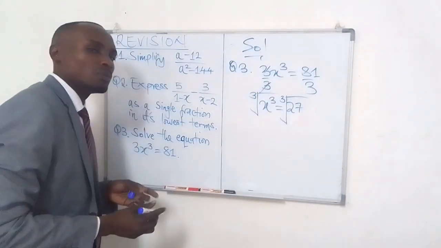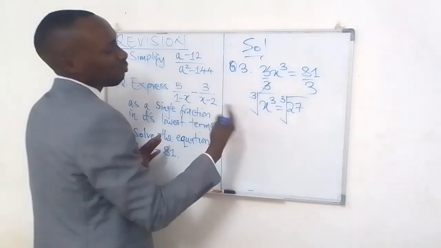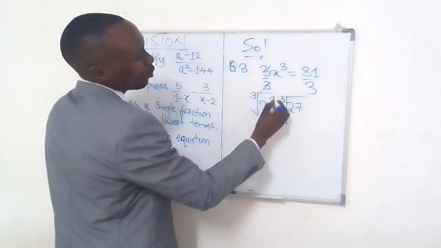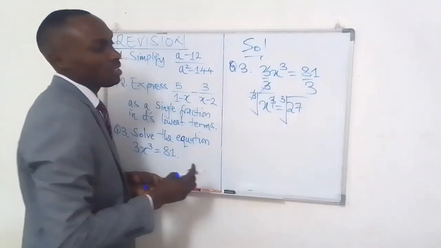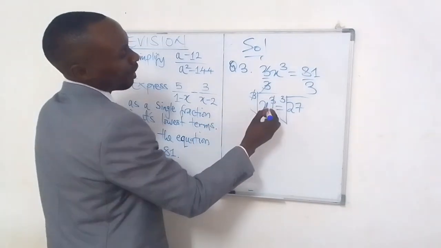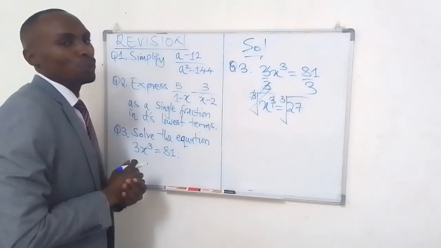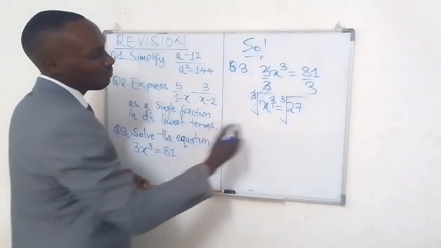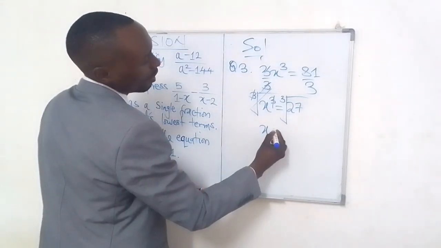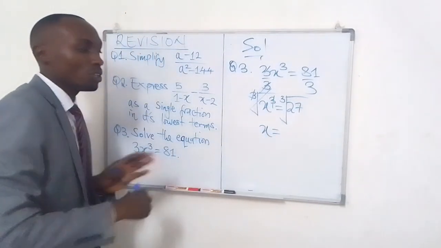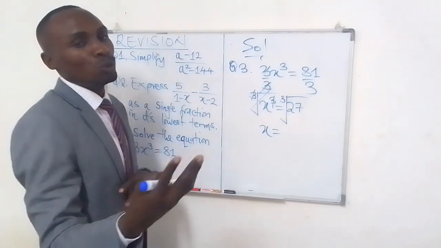So then what does this mean for the left part? For the left part, the cube root and the cube are going to simplify, leaving us with x. Then this is equal to, on the right side, the cube root of 27.